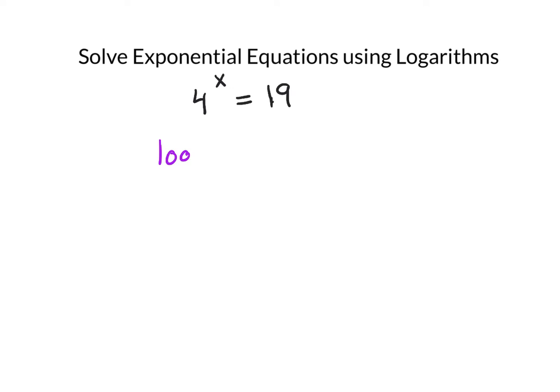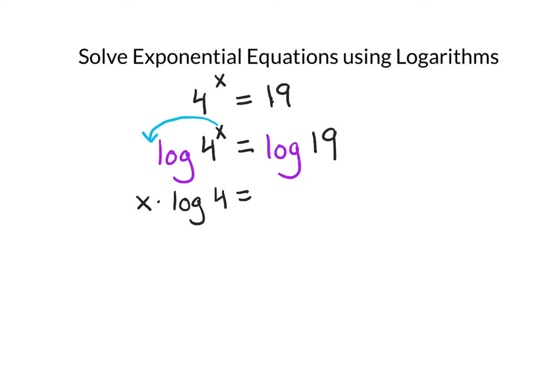So I can write log of 4 to the power of x equals log of 19. I'm just taking the common log of both sides. Now, the power property says I can bring that x out in front. So I now have x times log 4 equals log 19.